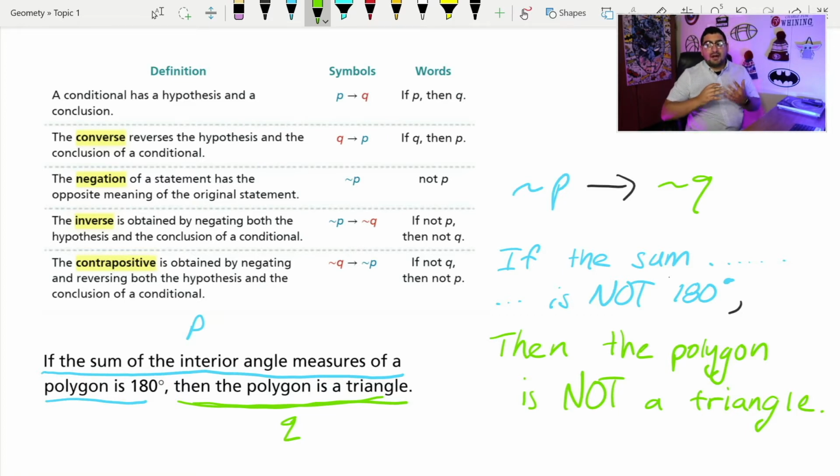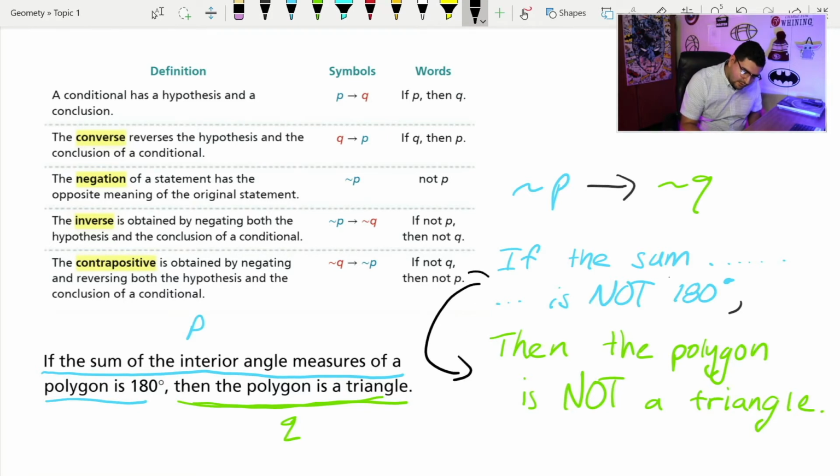Now, here's what a contrapositive would be. It's the same as if I were to reverse these two statements. So I would reverse these two in the contrapositive, and I would then say if the polygon is not a triangle, then the sum is not 180 degrees.